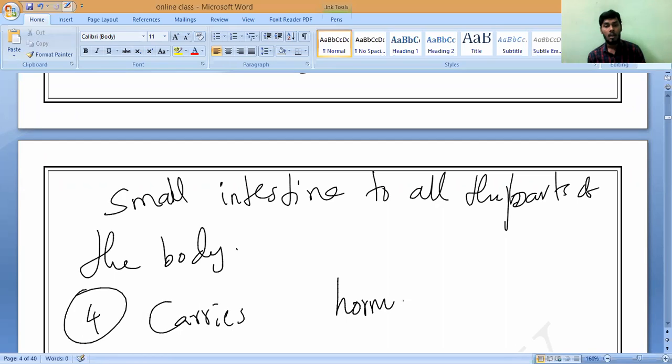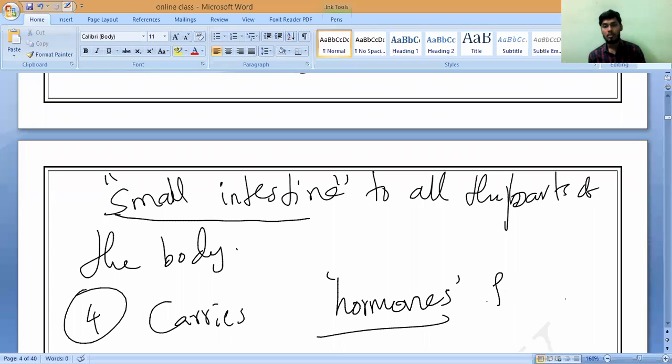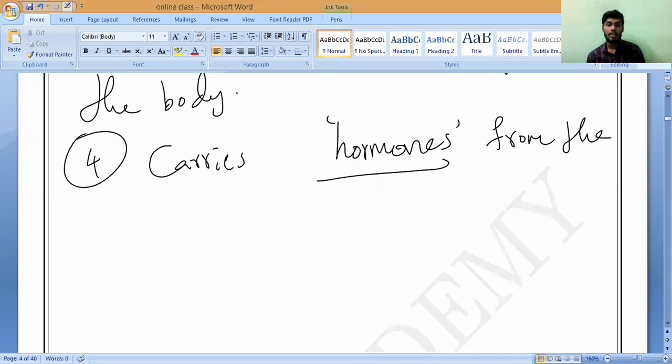Carries hormones. Here, small intestine, you have to highlight it. Understand? Digestion also. It carries hormones from the endocrine glands, meaning hormone-synthesizing glands. Have you noted down?